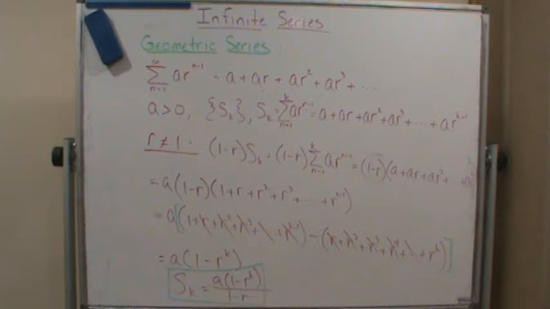Okay, now, what happens to this thing? So again, from the previous discussion that we had, we know that the geometric sequence r to the k approaches 0, right? So again, we're talking about geometric sequences now.